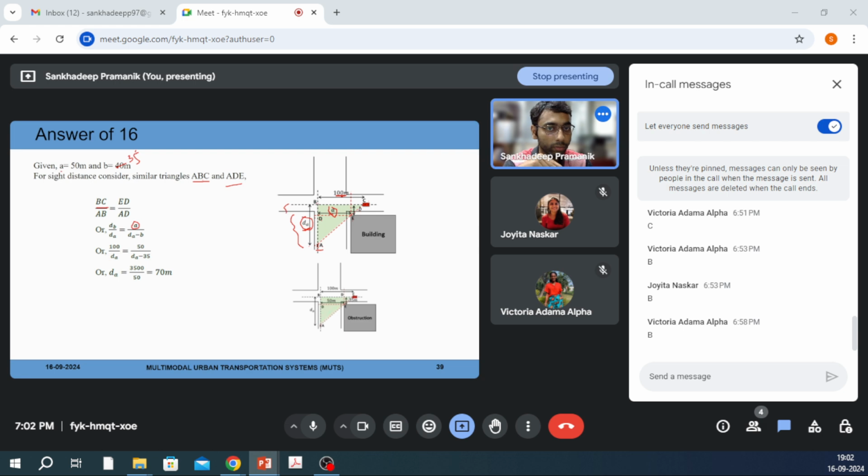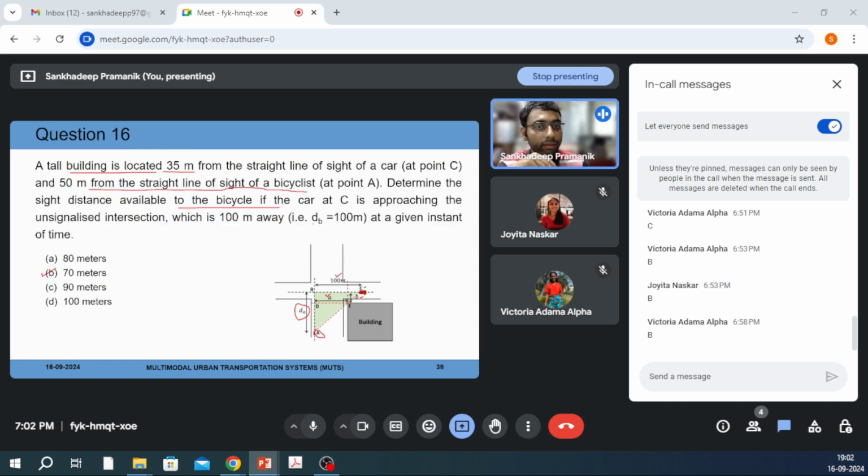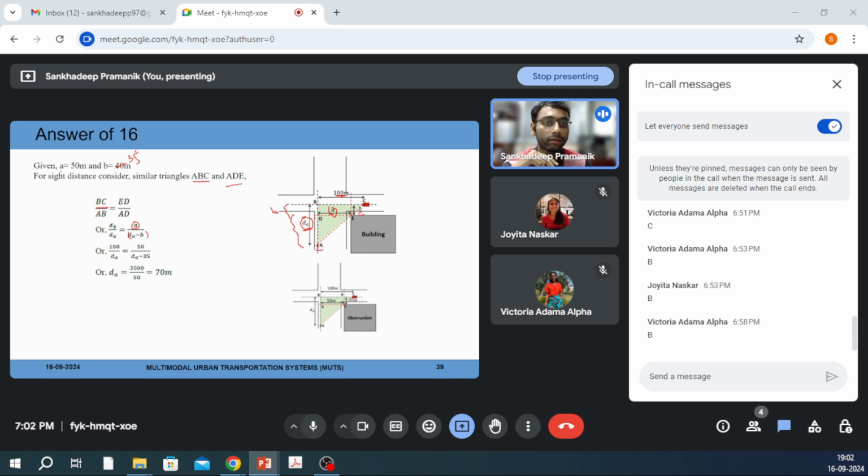So we know this portion is B, and the total distance is dA, so it is basically dA minus B, and dB is already given as 100 meter. So the car is 100 meter from this intersection. Now if you put the values of A and B, A is 50 meter and B is 35 meter, so the value of dA will come as 70 meter.